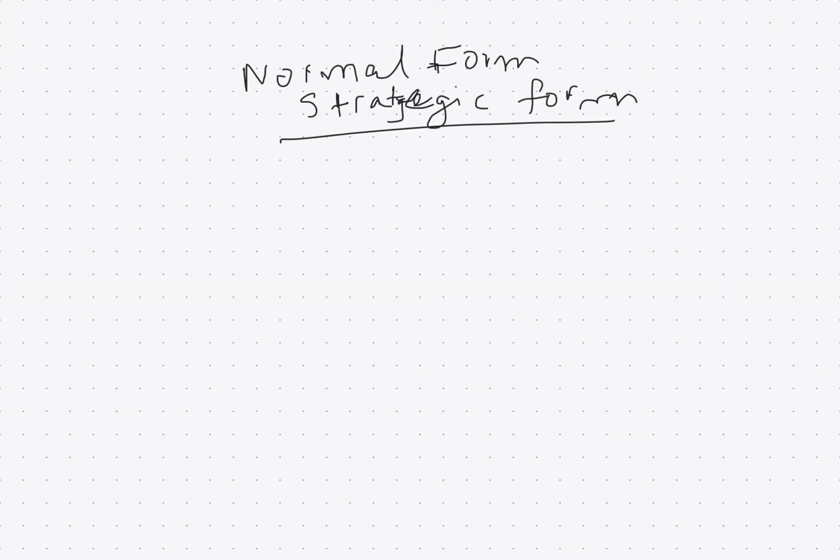And the dimension of the matrix, that is the number of rows and number of columns, will tell you how many strategies each player has. So let's convert the extensive form game that we have covered before into a normal form or a strategic form game. So let me write down the game again.